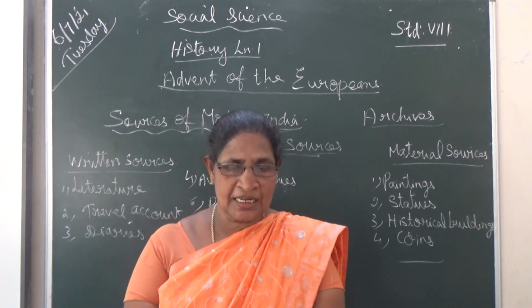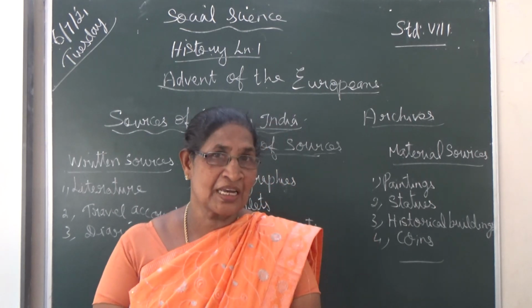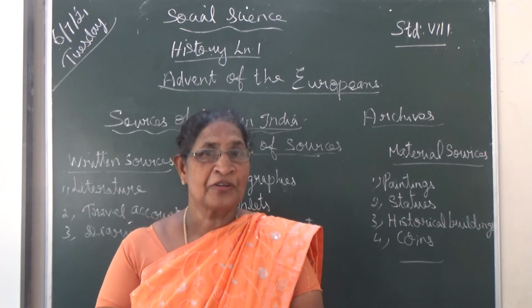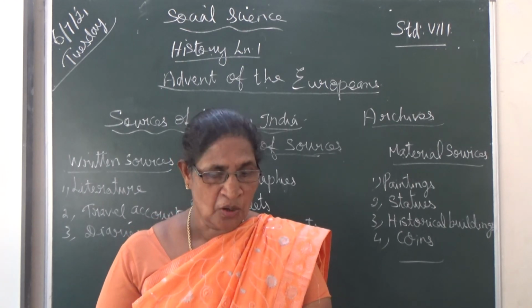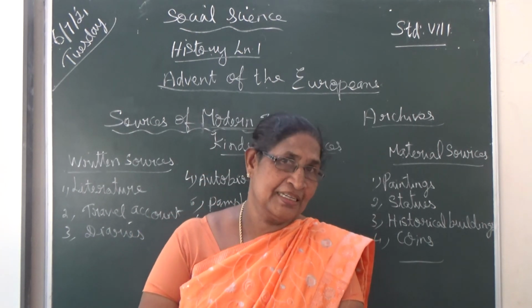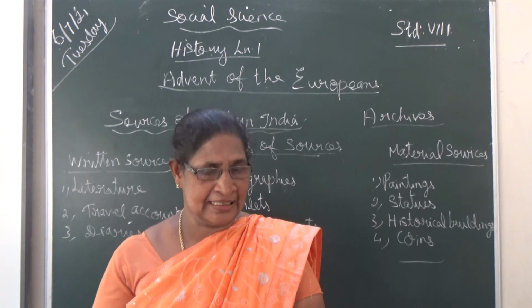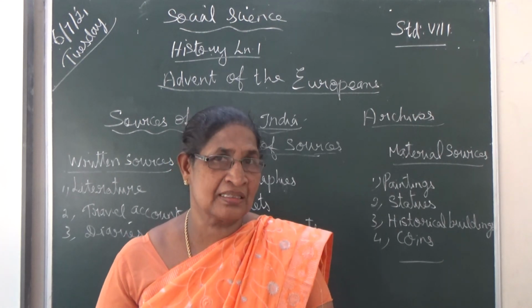Then historical buildings. Can you say the names of some famous historical buildings? St. Francis Church at Cochin. Cochin, where is Cochin? In Kerala state. St. George Fort in Madras.